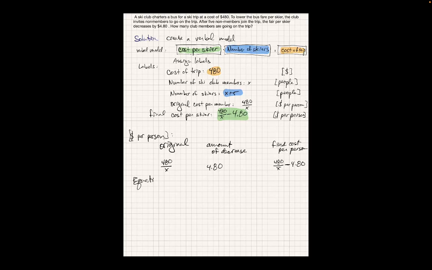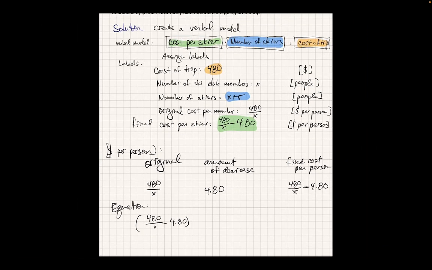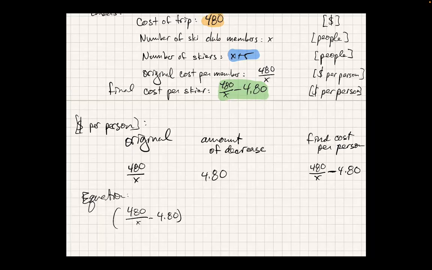What's my equation? 480 over X minus 4.8 times X plus 5. Anna, what's the last thing? Equals.